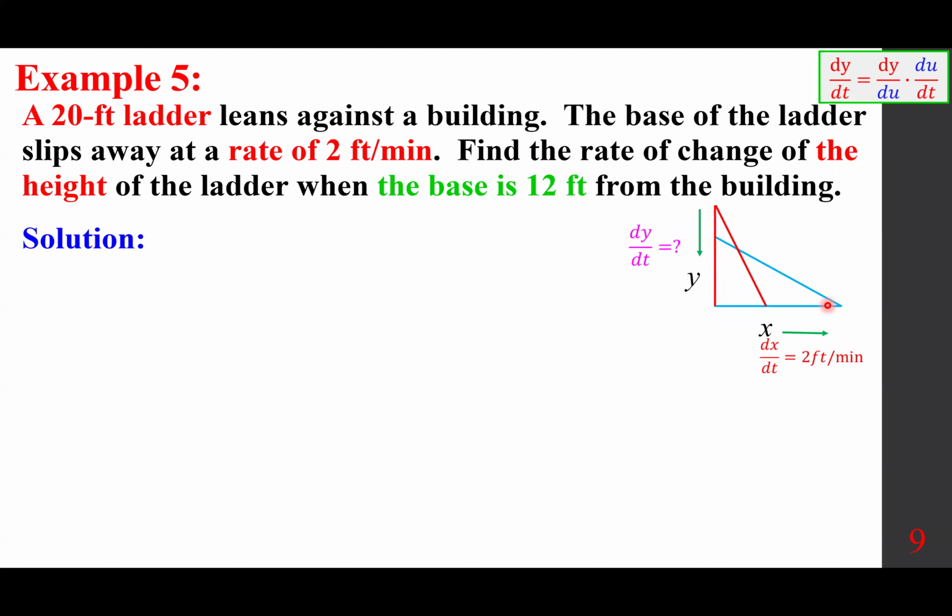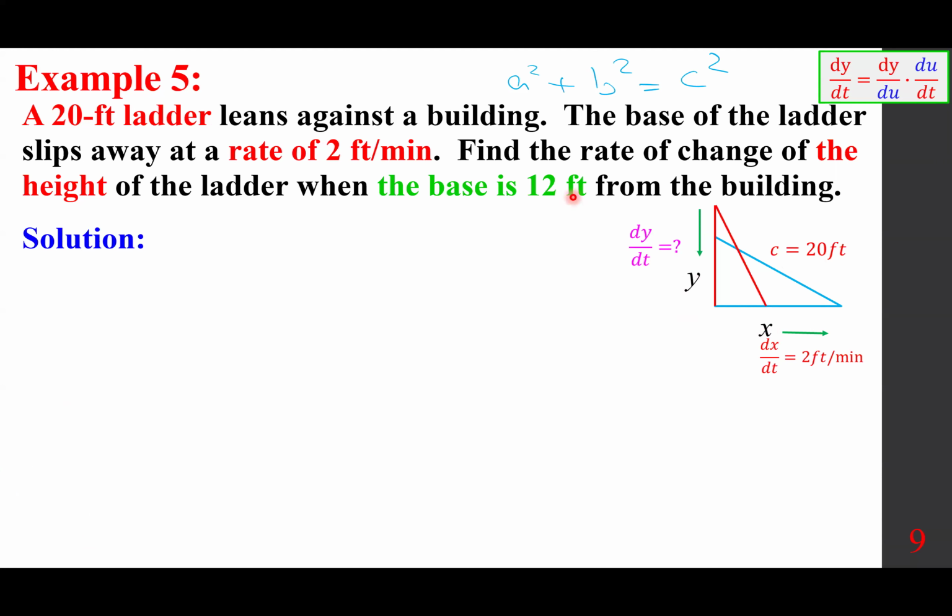This ladder is fixed at 20 feet. We call it c because it follows the Pythagorean theorem, a squared plus b squared equals c squared. So we're going to say x squared plus y squared equals 20 squared. Define your variables.